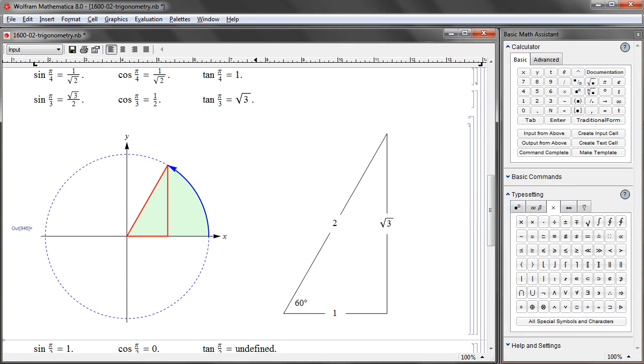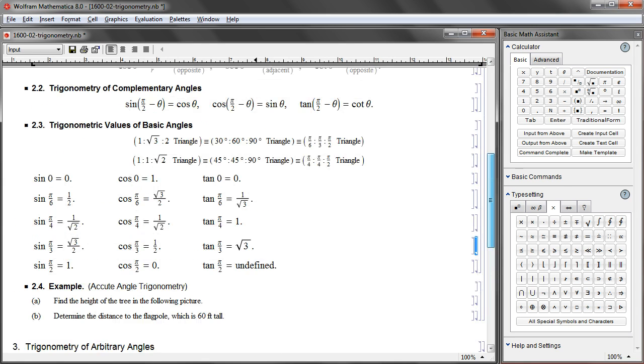The same standard triangle positioned this way so that we have 60 degrees on the central angle. Again, 1, square root of 3, 2 triangle. So sine value, cosine value, tangent value can be obtained by the triangle. Opposite over hypotenuse, adjacent over hypotenuse, and opposite over adjacent, respectively.